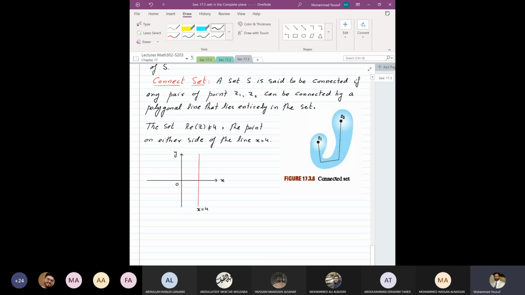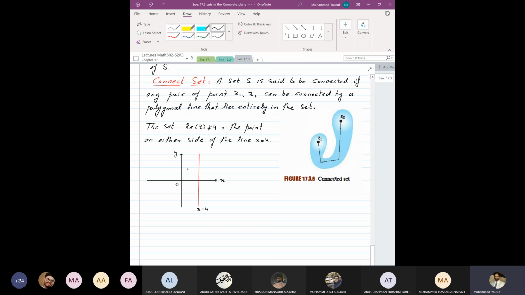So the x equal to 4 line is a red line. Red line means it is not included. Actually, I think they have not given here an option for a dotted line, so that's why I made it a red line.